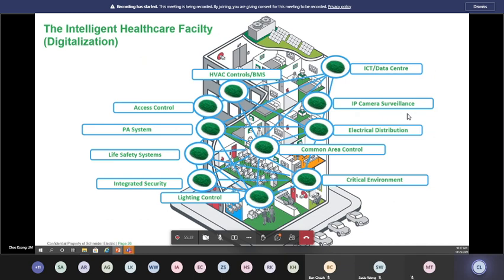Going back to the real physical hospital world, for example, when a fire alarm triggers, it informs the maintenance people or the localized fire service within the hospital to activate.